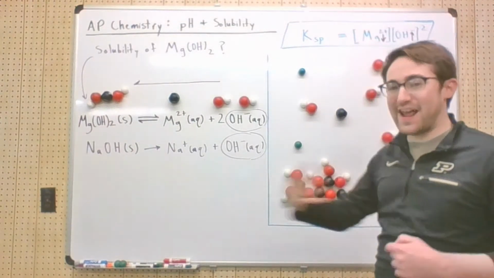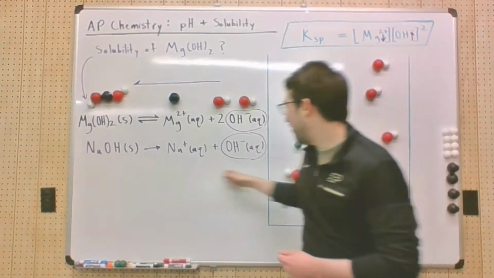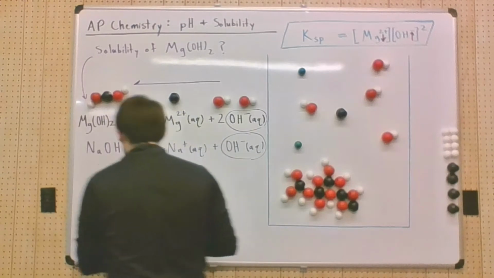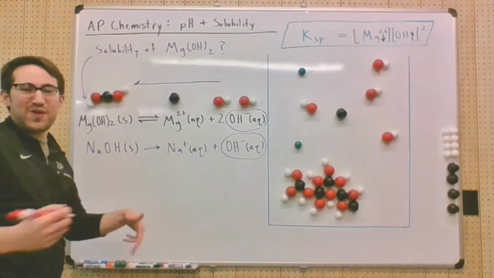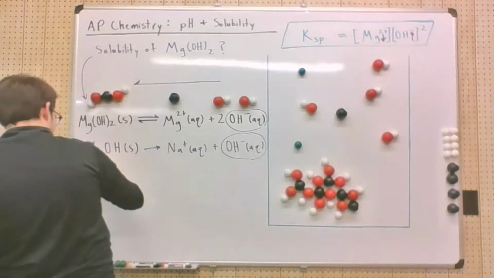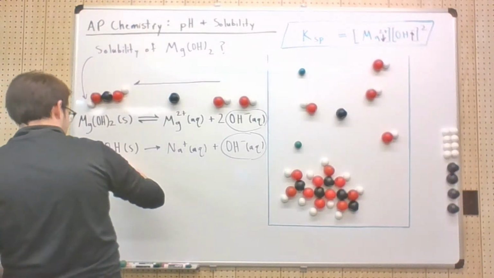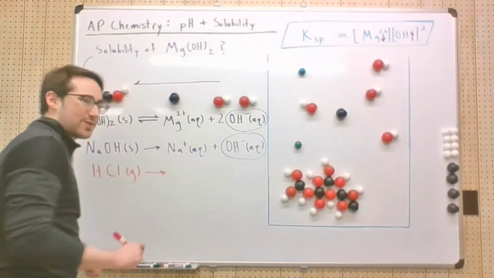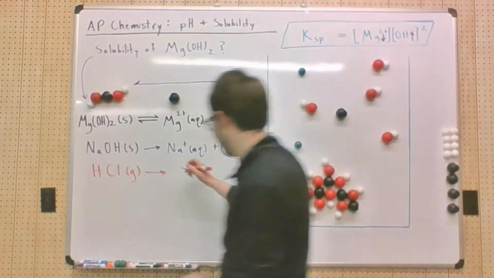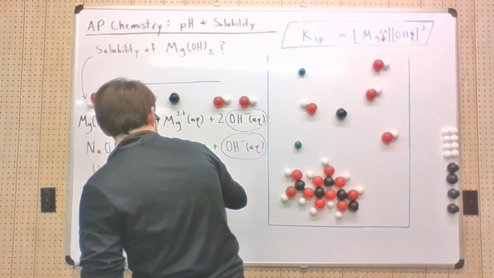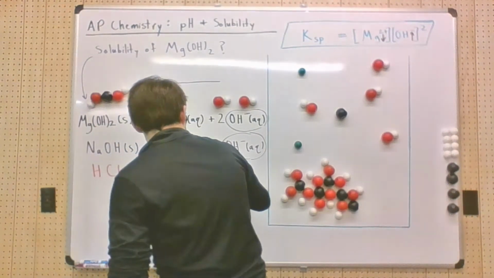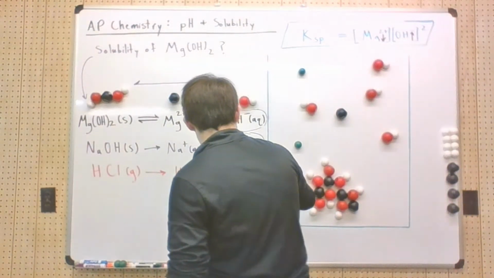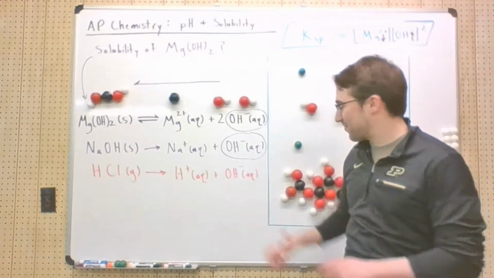Maybe I start adding in an acid, and I start neutralizing all of the OH-. So let's just throw it in there. Maybe we do HCl. So we have our HCl that we dissolve in solution. We get H+ ions and Cl- ions.